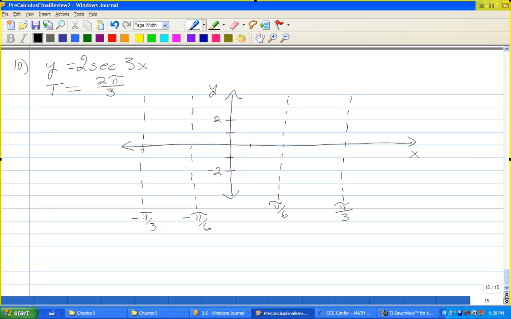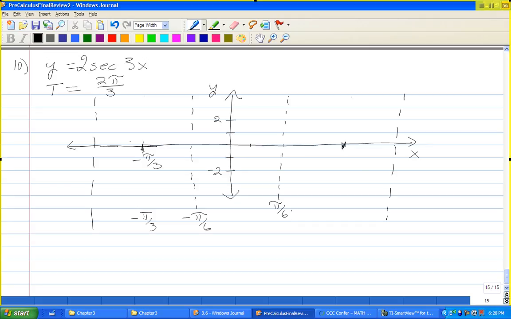No, I see. Okay. Actually, I labeled that wrong. Hope I can draw this good.